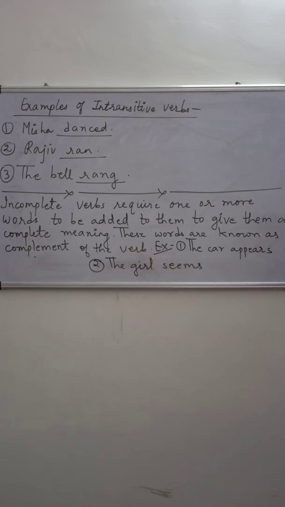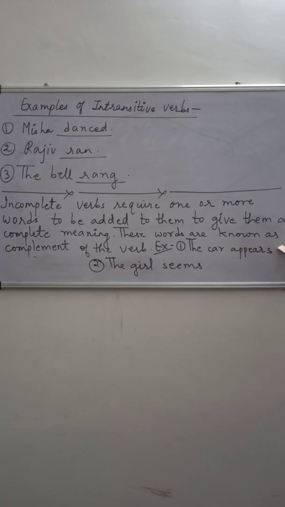See, example number 1. The car appears. That's it. So appears is a verb, right? But this statement is incomplete in itself. This verb needs an object to complete its meaning. So we all know that appears is a transitive verb because it needs an object.